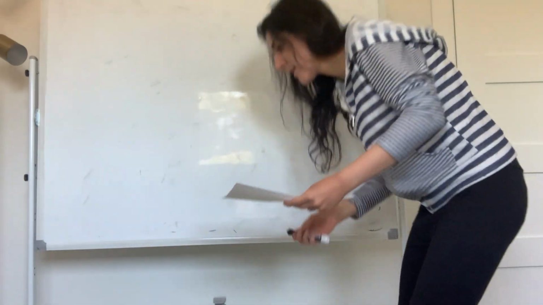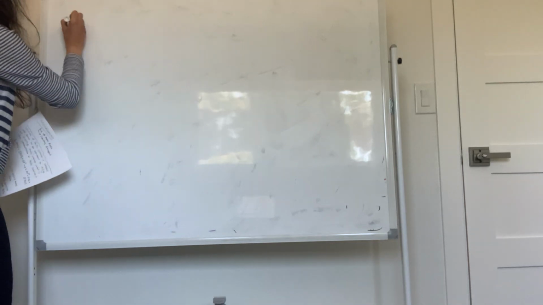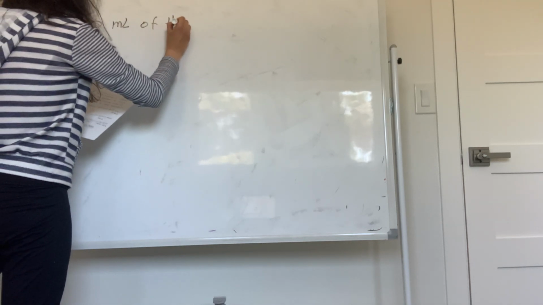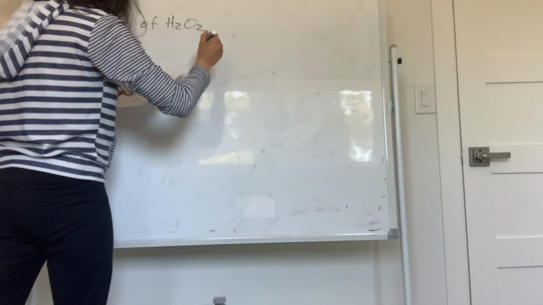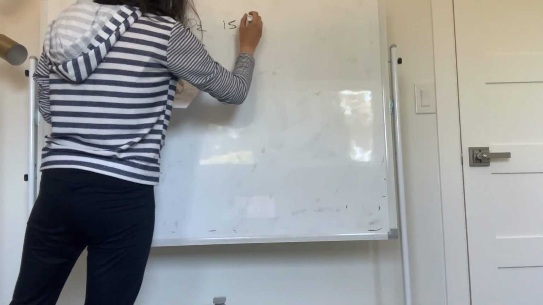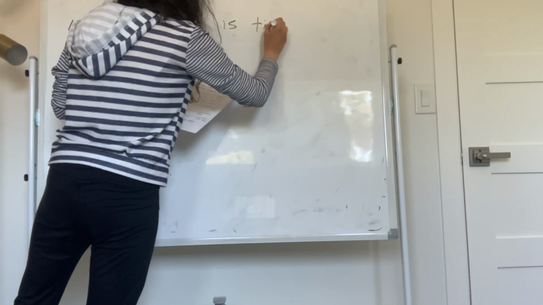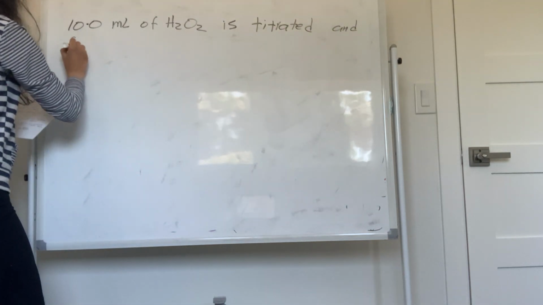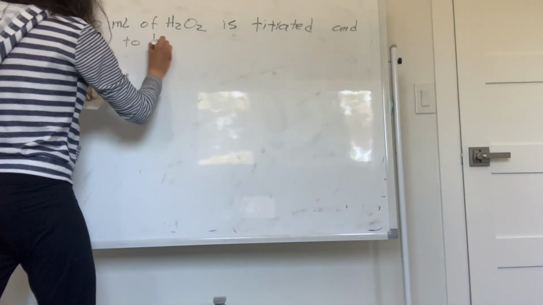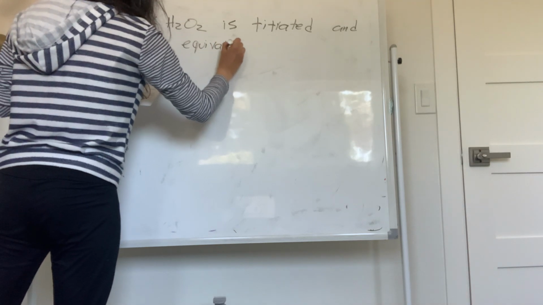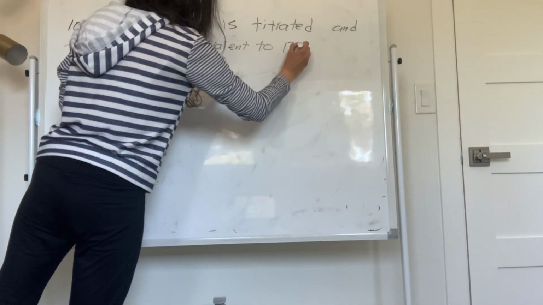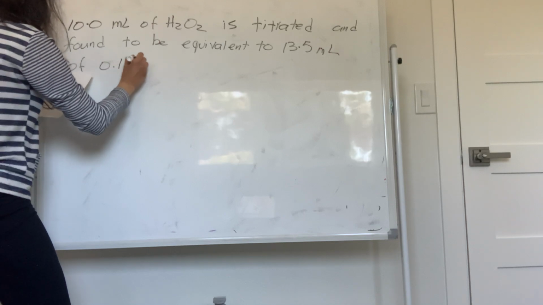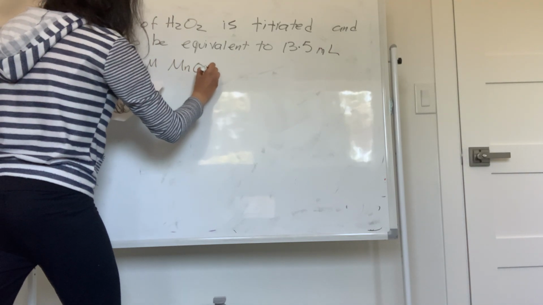All right, here is our first problem. We're going to do a lot of problems in this class, so make sure you get this down. 10.0 ml of hydrogen peroxide solution is titrated and found to be equivalent to 13.5 ml of 0.109 molar MnO4 minus solution.